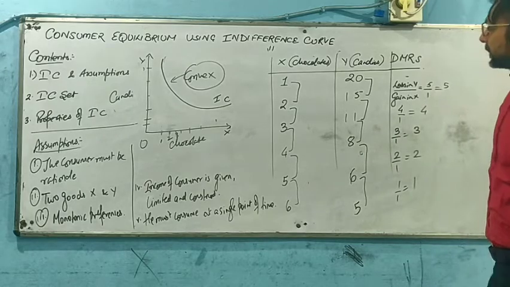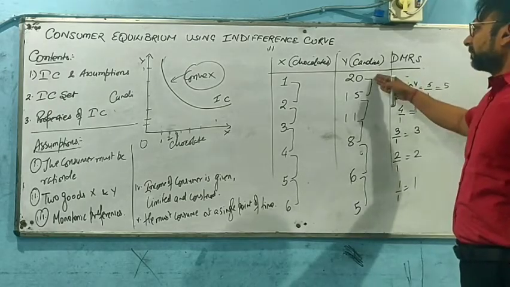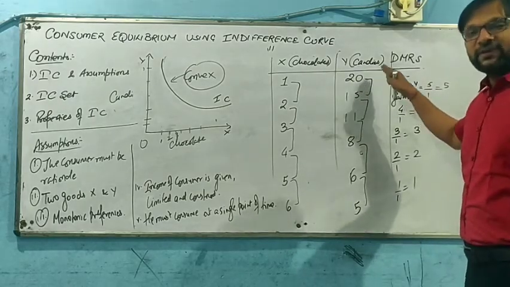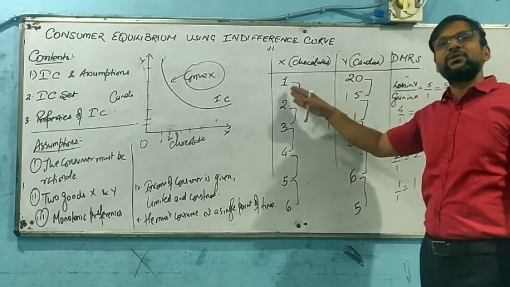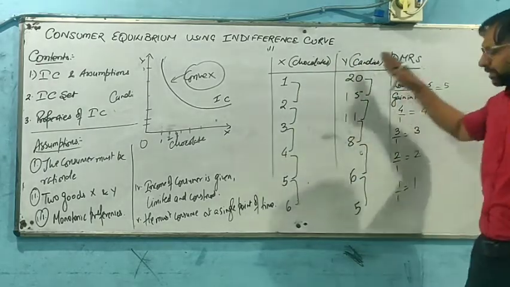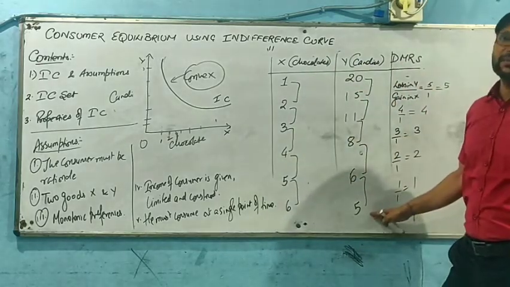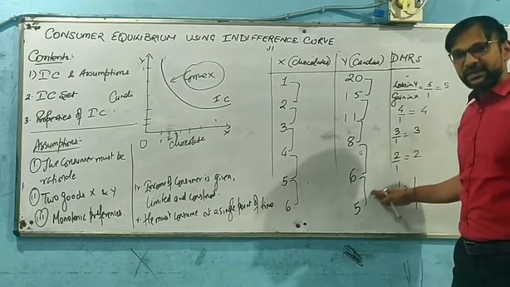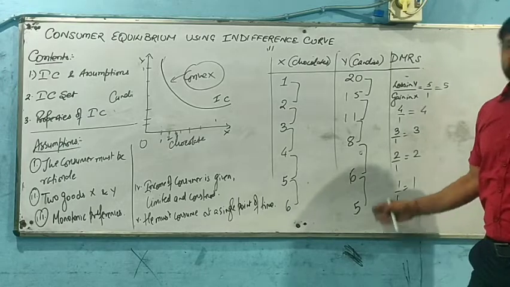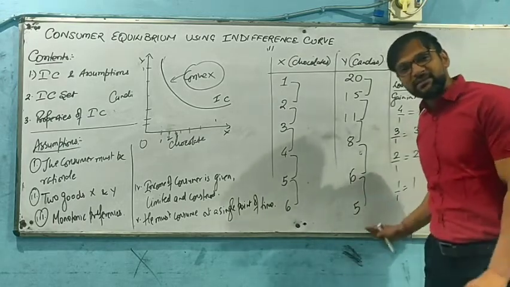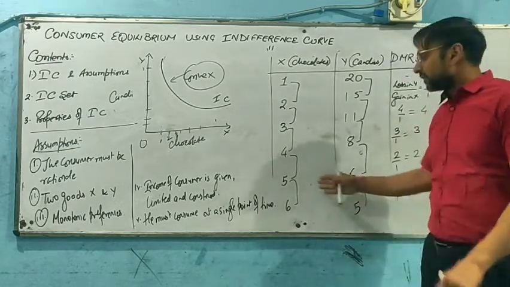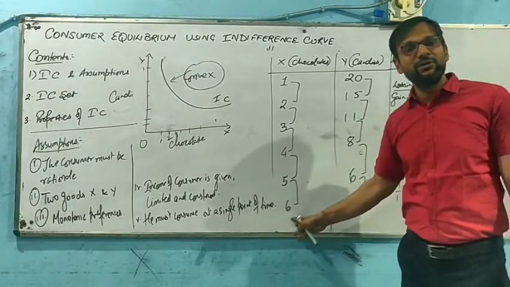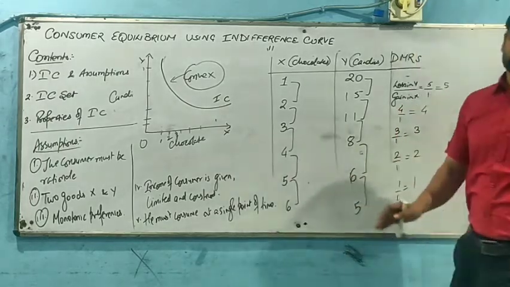A consumer who was giving up more units of candy for the sake of an additional unit of chocolate is later least interested in giving up a higher number of candies, or we can say at the later stage he is sacrificing the least number of candies in order to gain the additional unit of chocolate.